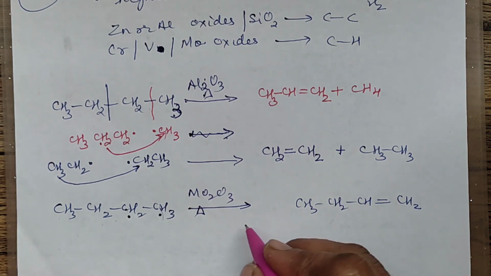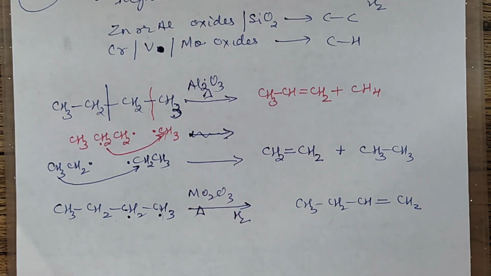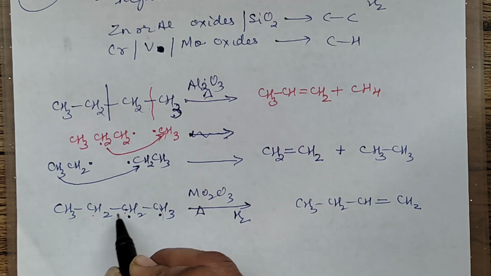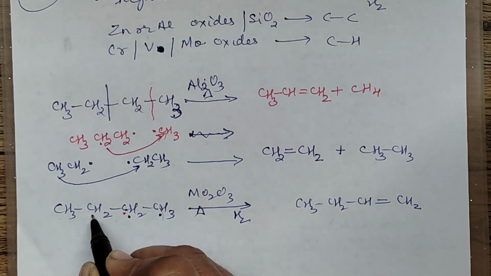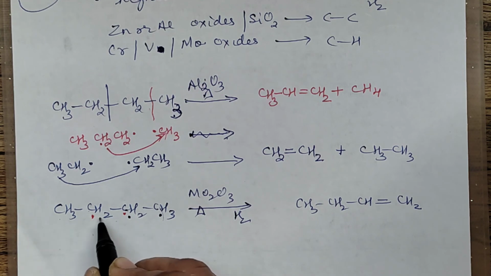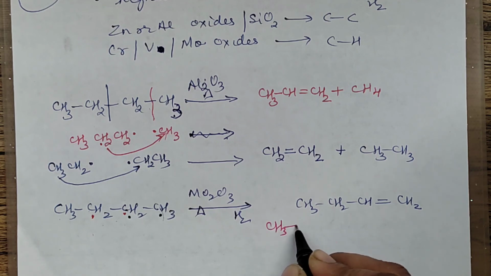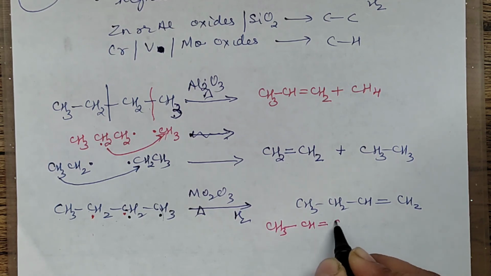That means in this case, H2 also will be released. Or another possibility would have been that the carbon-hydrogen bonds on this carbon and this carbon may break. So those two free radicals may be generated here. These two may combine with each other and may result in the formation of a double bond somewhere in the center.